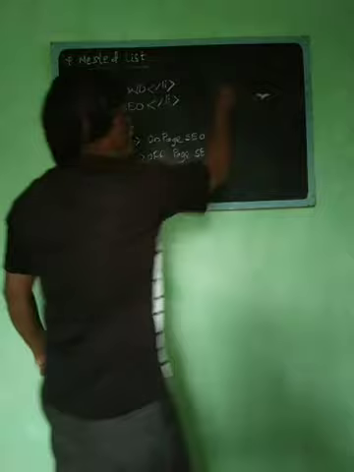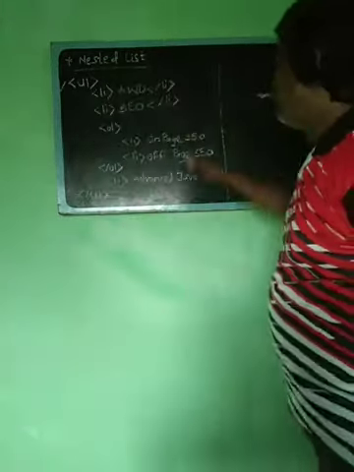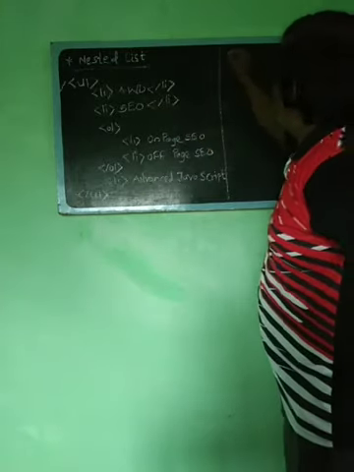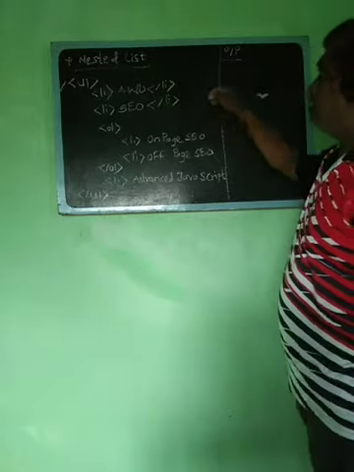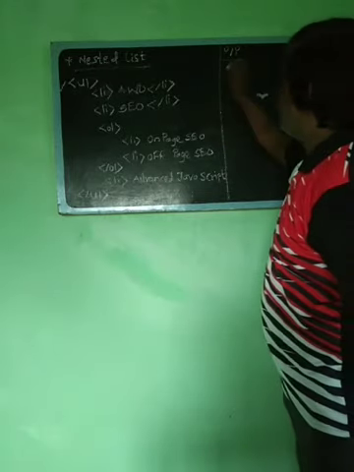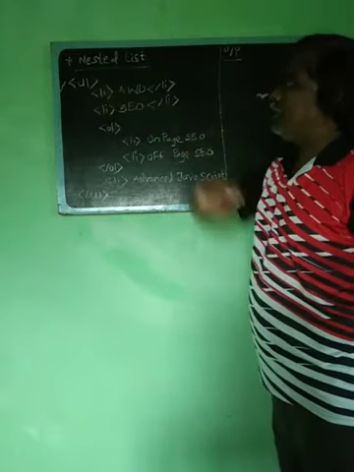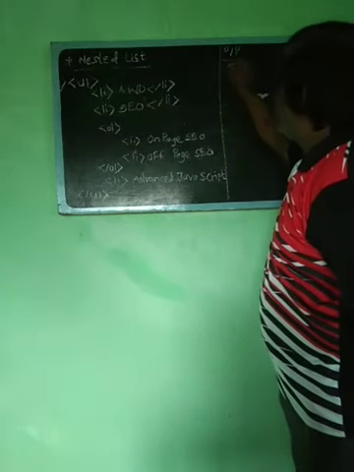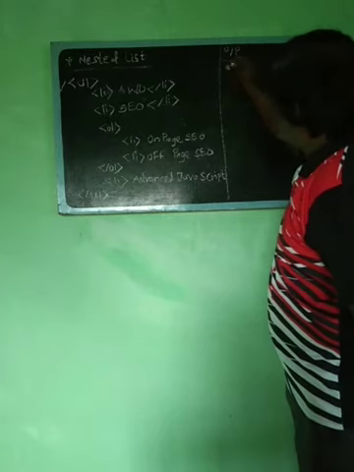Now see how the output of this will appear. When you run this program on your web browser, you will get the output in this way. By default, here we are not using the type attribute for the UL tag, so this will give a disc, solid circles.